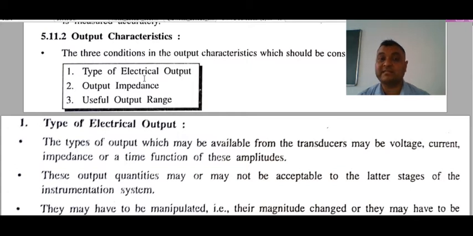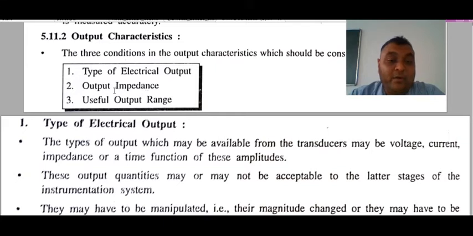For example, if it is an analog transducer, there is a pointer over there, and that pointer is deflected and it will give you the output according to the deflection. तो हमें वो रीड करना है और फिर हमें पता चलेगा कि भाई कितना आउटपुट पर्टिकुलर हमने मेजर किया है. Or if it is a digital transducer, it will give you the output in the form of digits. Okay, so that is the output characteristic of electrical output.